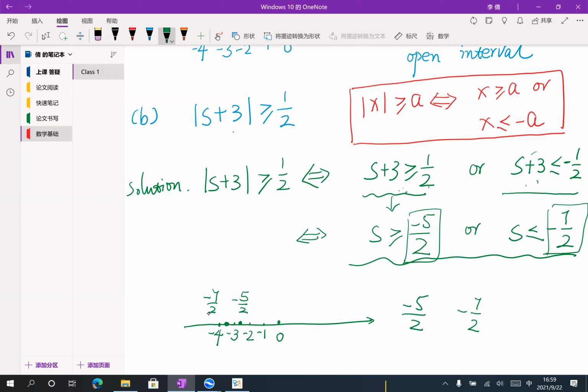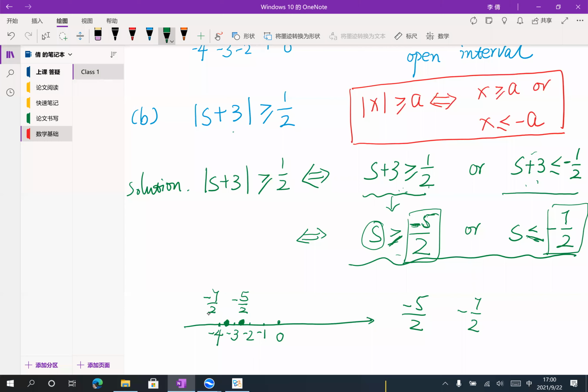The solution includes minus 5 over 2 and minus 7 over 2, so this point is a solid dot, and this point is also a solid dot.